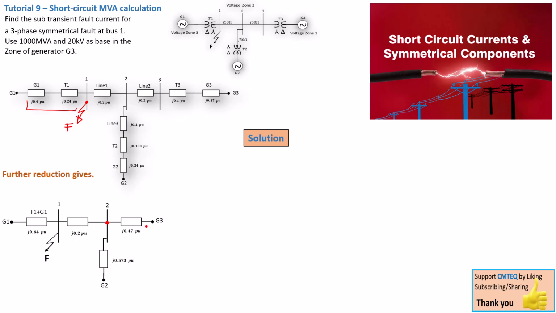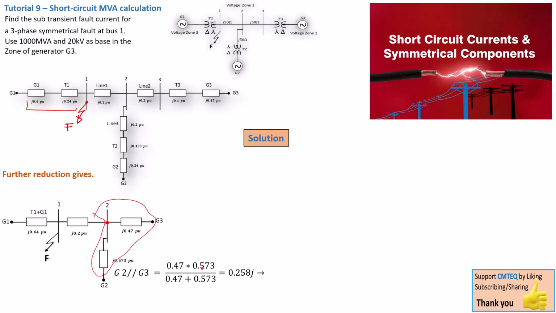So basically we need to get the parallel combination of these and add it to that. The parallel combination of those two per unit values will be 0.47 times 0.573 over 0.47 plus 0.573, and that gives us 0.258 J per unit. So that is now the combination of these two generators in parallel, right?